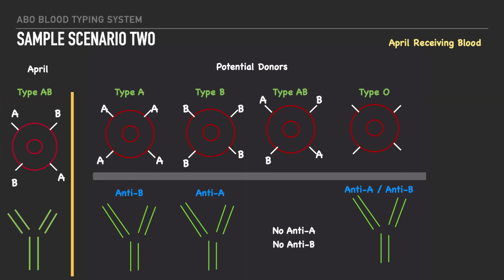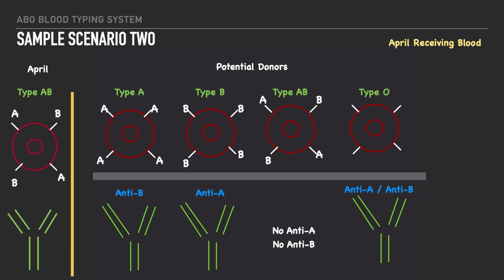Now that you've had a moment to think about it, let's debrief and let's talk about which blood types April could receive from. So on the far left-hand side, we have a sample of April's blood, which is again type AB blood. And because of this blood type, she doesn't have either an anti-A antibody or an anti-B antibody.